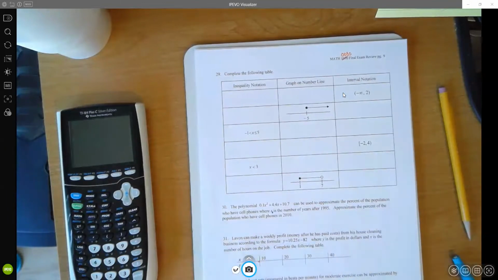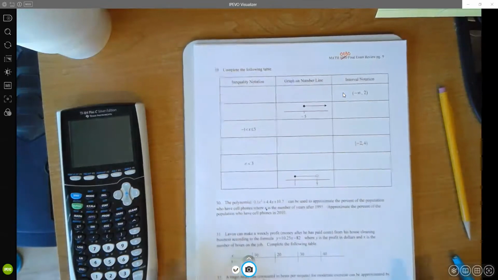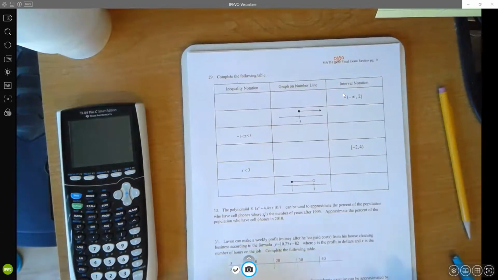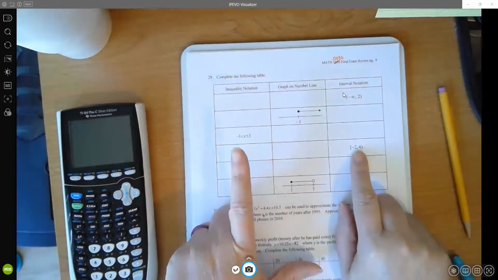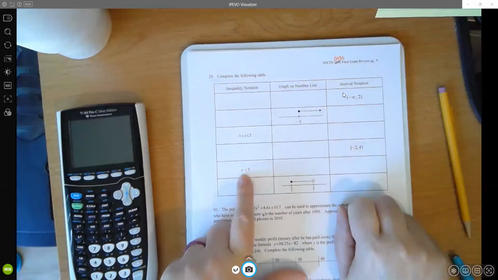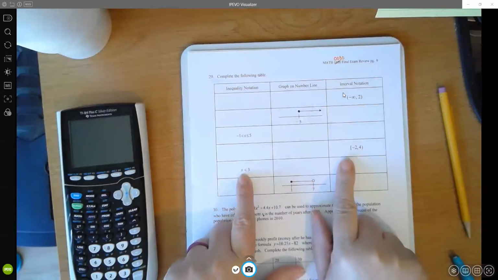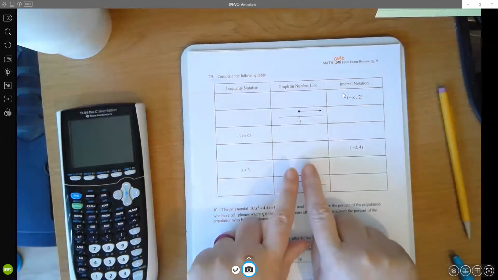Completing the following table is all about interval notation, inequality notation, and graphing on the number line. As I do these problems, I always go through the interval notation to the number line to inequality notation, and through the number line to interval notation. I never go from interval notation to inequality notation, or from inequality notation to interval notation, without using the number line.